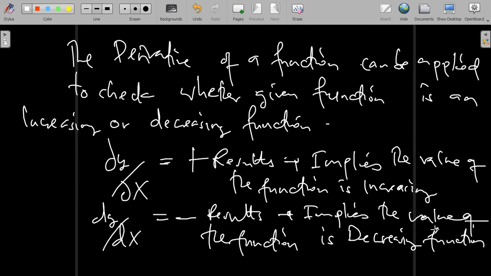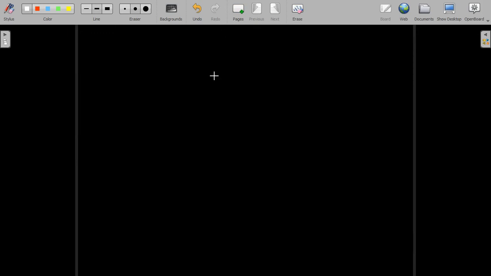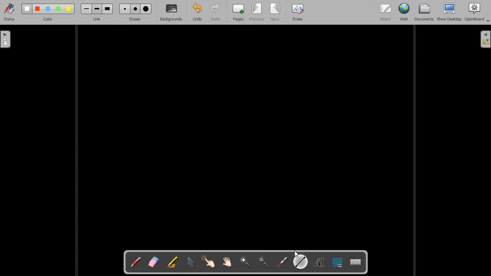Graphically, you may illustrate how these functions appear. You may show the increasing function, how it looks. Let me show the graph over here. So when you sketch like this, something like this.